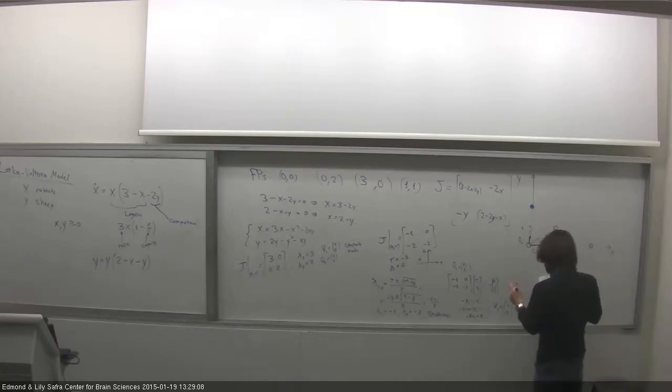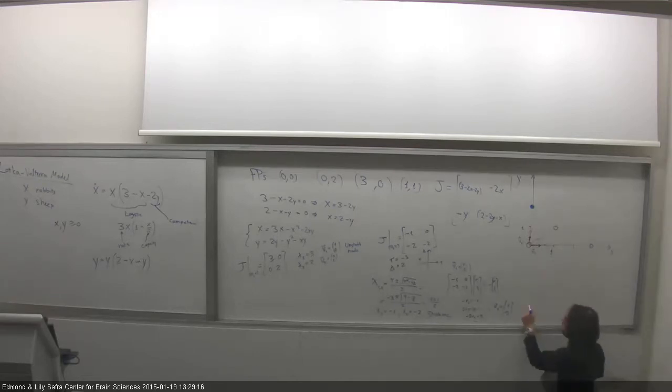And for V2, then I'll use the second equation again. And it would give me minus 2R2 minus 2S2 equals minus 2S2. And then R2 equals 0, and then S can be whatever I want. So V2 equals 0, 1.